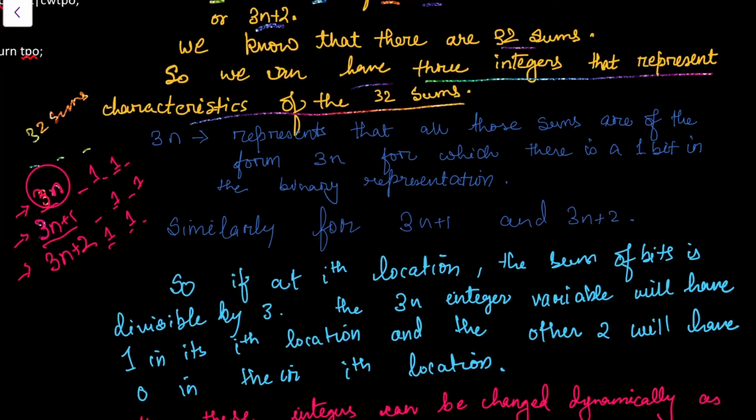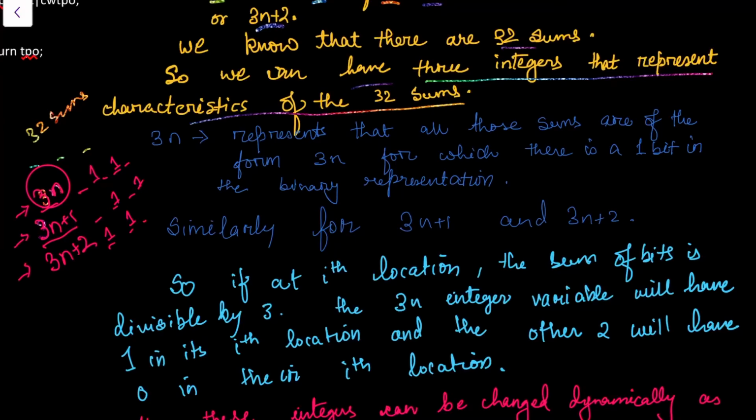Similarly, if I've got 1 at the 0th and first position in 3n plus 1, I'm pretty sure that in the sum I've got till now, at the 0 location and the 1 location, the sum will be of the form 3n plus 1. Similarly for 3n plus 2. That is what I have written here.